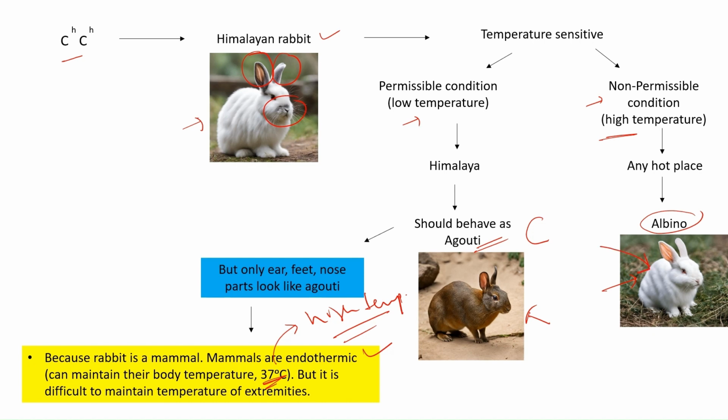They behave as albino because they can maintain their body temperature at 37 degrees centigrade. But it is difficult to maintain the temperature of the extremities. Therefore, extremities get this permissive condition of low temperature, because the rabbit is present in the Himalayas. So only the extremities behave as a wild type. The rest of the body, because they can maintain their internal temperature high, behaves as albino. So this is about conditional mutants.